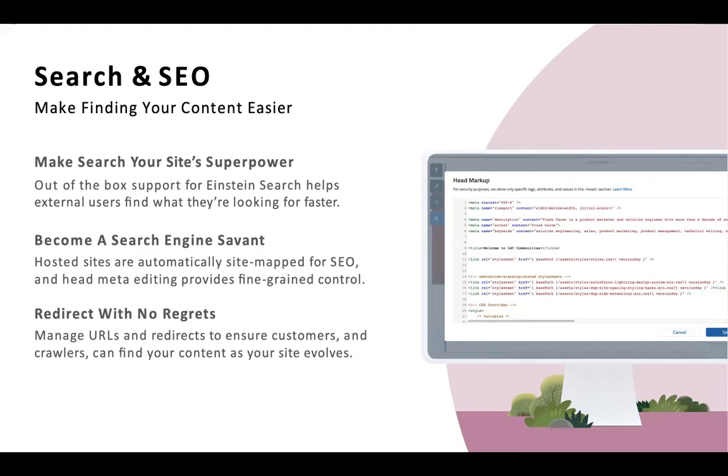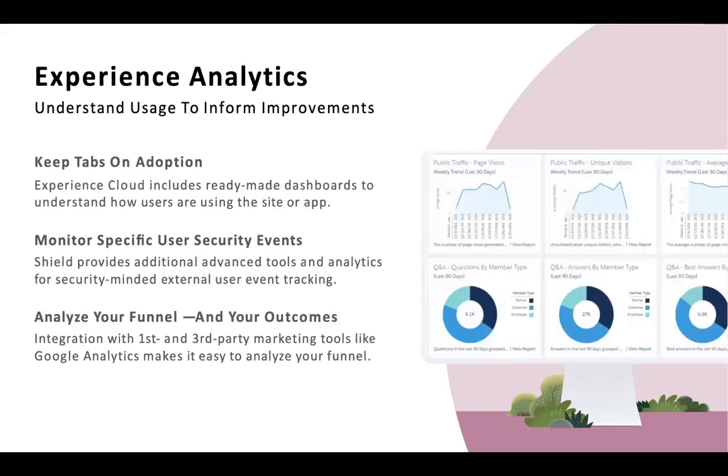So it supports adding your code directly to the head markup, which can work with the entire site. It becomes search engine friendly for you, and it has redirects with no regrets. You can manage URLs, you could manage your trusted site protocols, you could manage your relaxed CSPs, you could manage everything. That gives a lot of flexibility inside your Experience Cloud.